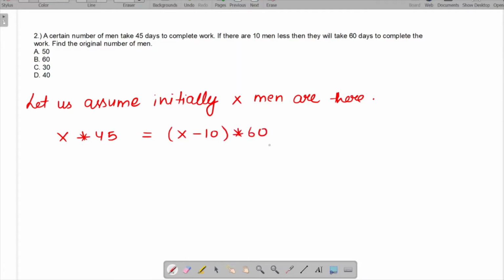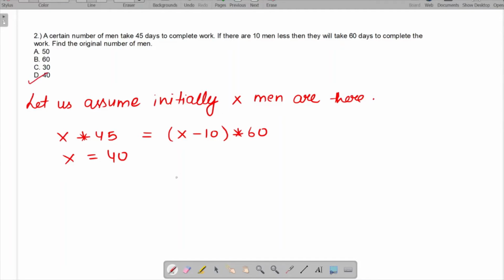So when we solve this equation, we will get the value of X as 40. So the answer for this one will be 40.